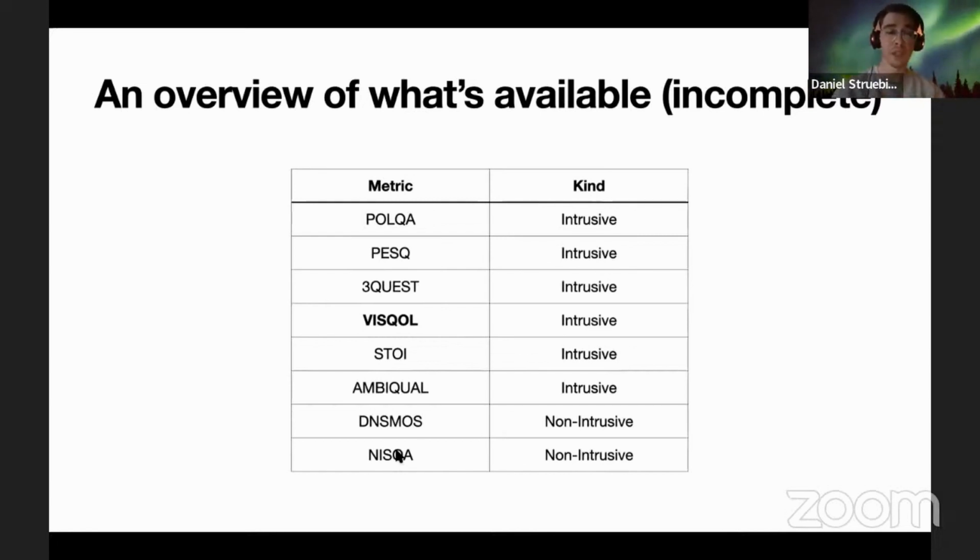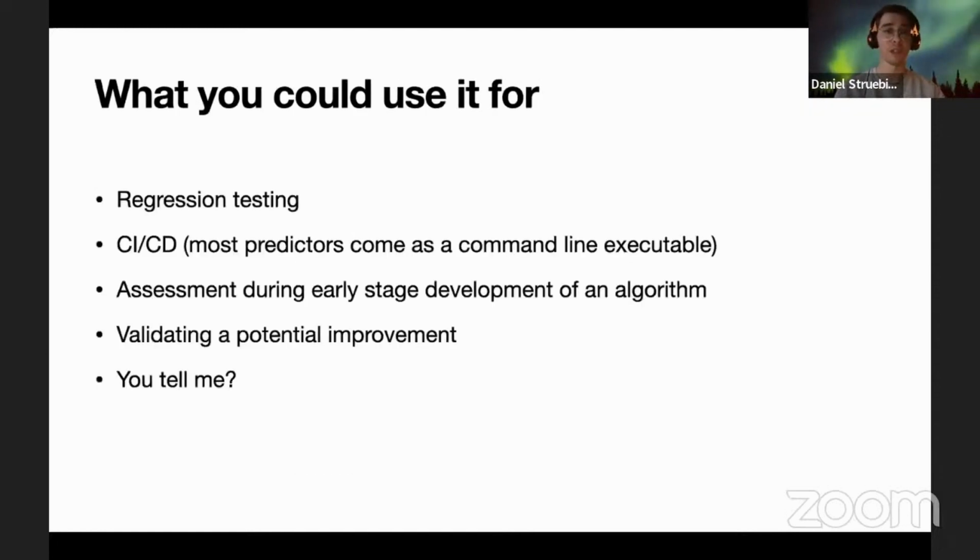And there's also NISQA from people at the University of Berlin in Germany, which can achieve similar things. So there's a whole plethora of metrics out there that could potentially help you with achieving what you need to achieve in any type of communication product or other solution or software.